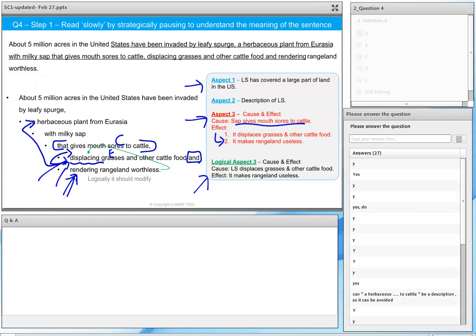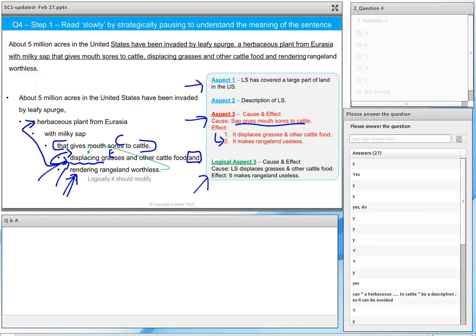So this part, something that is extra information, let's avoid it. This is my serious recommendation to all of you: never analyze the sentence by totally removing a part of the sentence. Never do that, because every single word used in this sentence has a purpose.